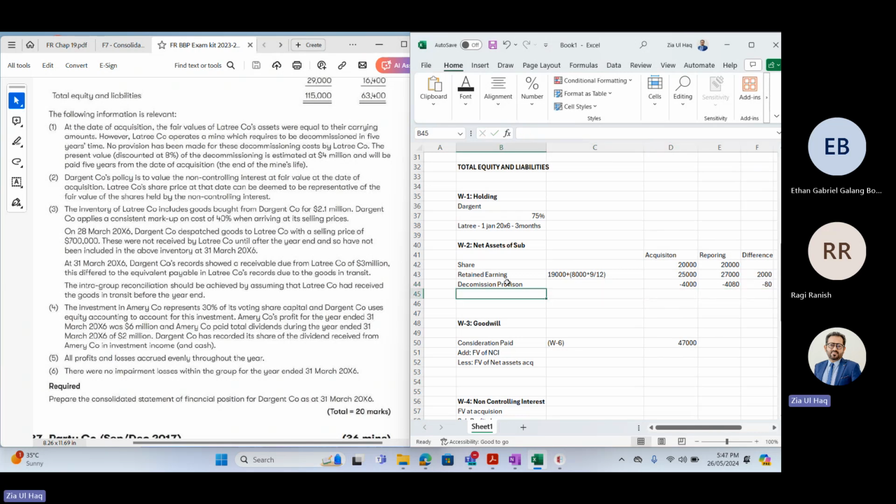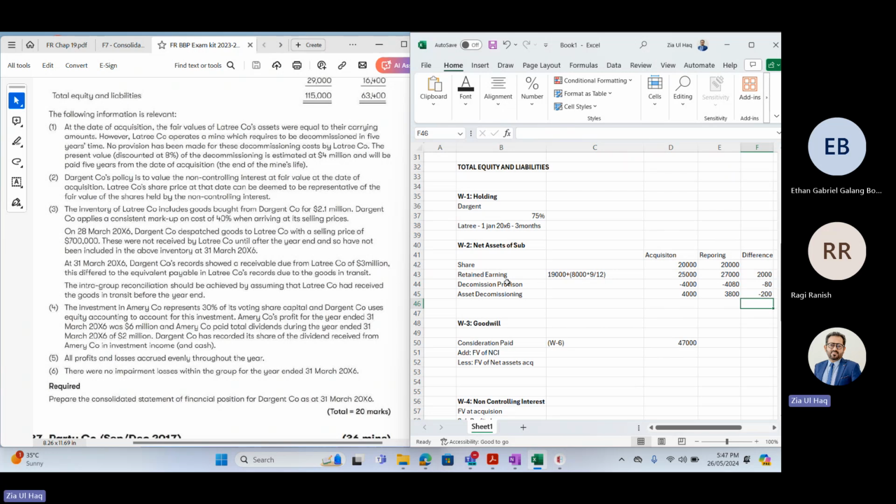And there was an asset as well, the asset of decommissioning. It was the value 4,000 asset value, while after depreciation at year end, it became 3,800. So what's the depreciation? What's the difference? 200 negative. Because while calculating the subsidiary profit share, we need to take these figures into account.